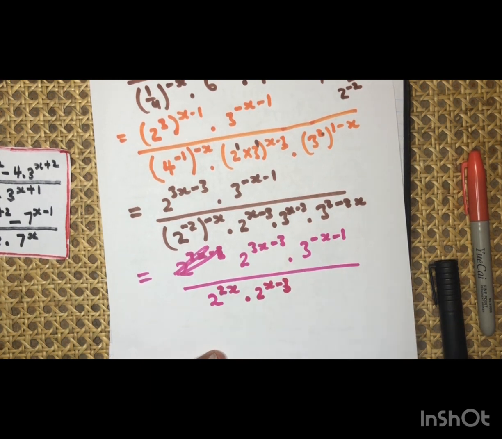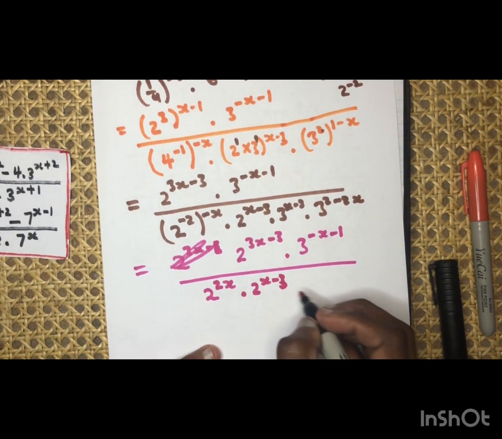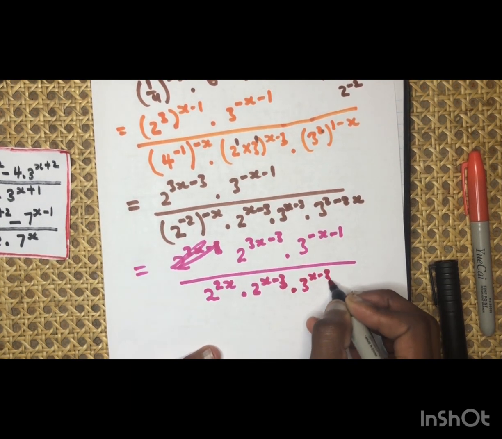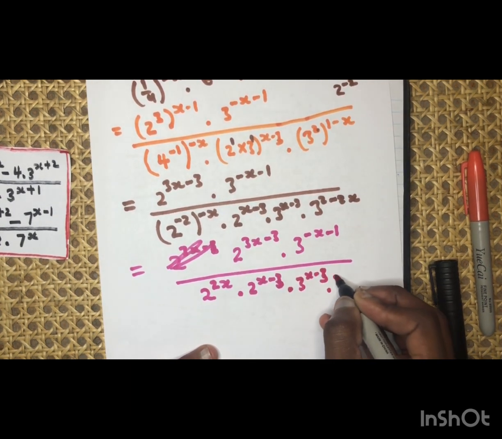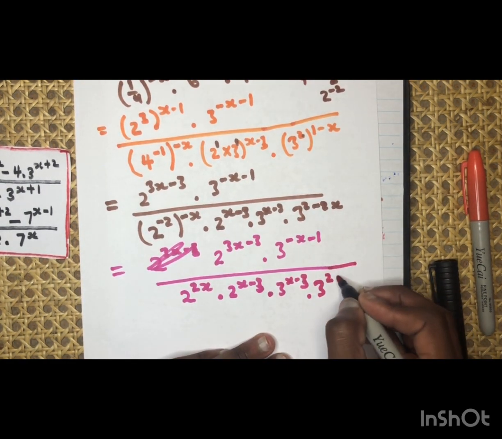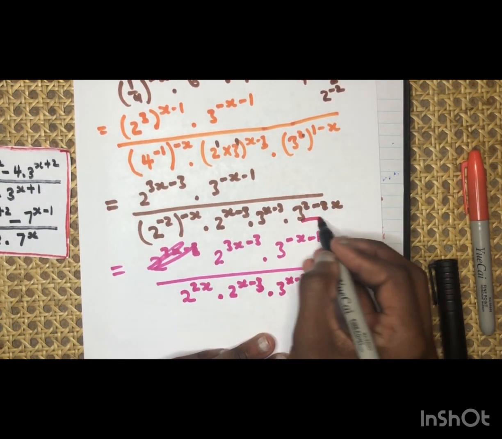Don't forget our answer, guys, was negative 1. So times 3x minus 3 here, times 3 to the power 2 minus 2x, this one.